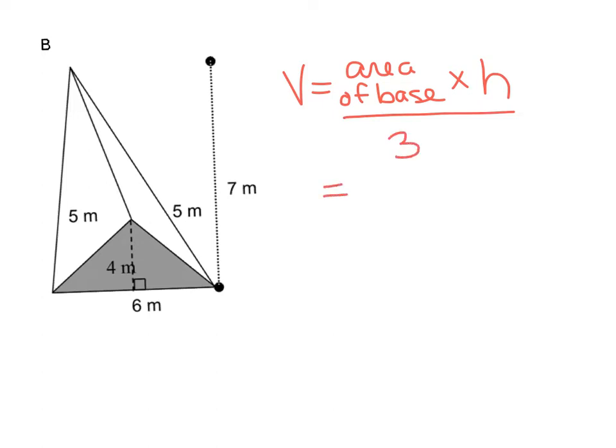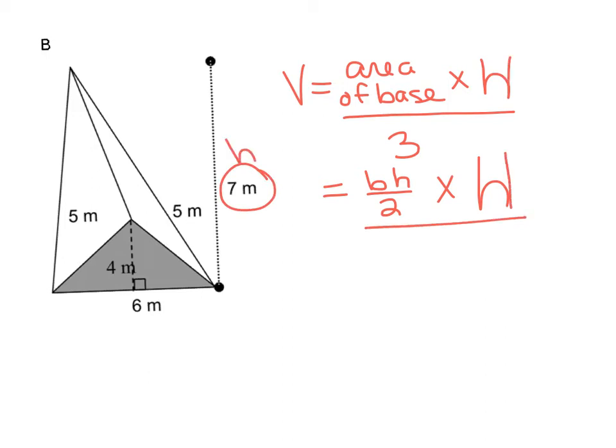So it's a triangle on the bottom. So the area of a triangle is base times height divided by 2. And then I'm going to times that by the big height, which is this guy. That's my big height. Divided by, I'm going to make that a capital just to show that it's different. Divided by 3.